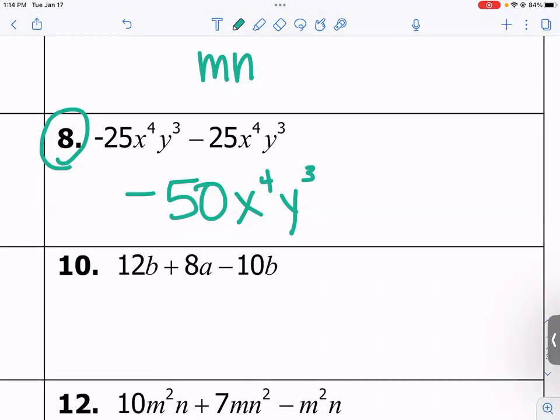Minus 25 means we're gonna go more negative. So if this were a positive, I agree it would be 0. If this were a positive and that one was negative, it would be 0. Does that make sense? Okay.